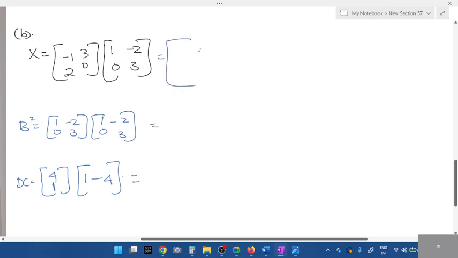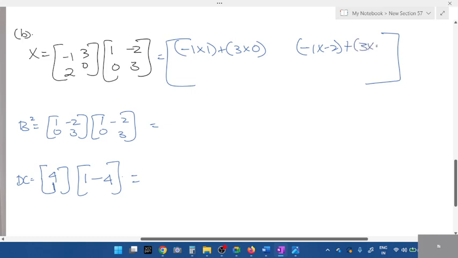Complete this. Row 1, column 1: minus 1 into 1 plus 3 into 0. Then row 1, column 2: minus 1 into minus 2 plus 3 into 3. Now what about the distance formula? What did you use, Naomi?